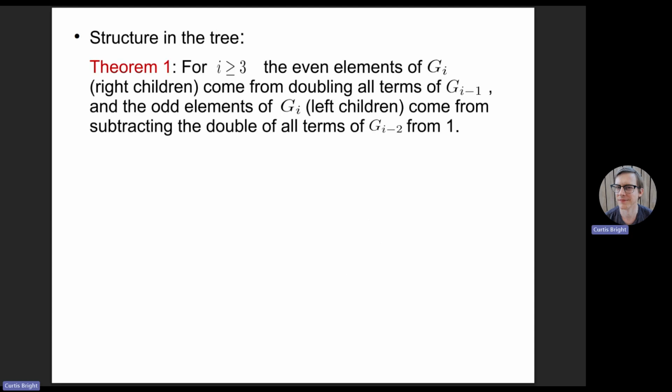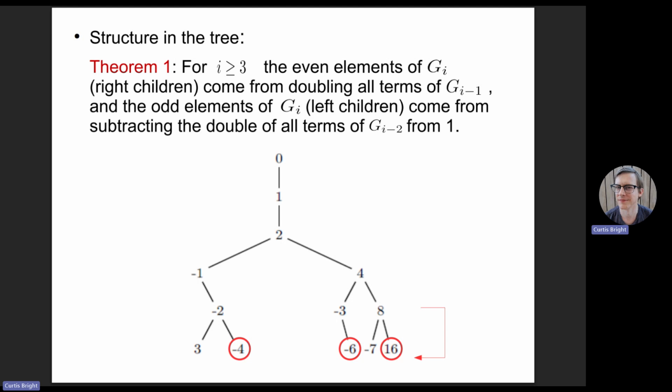I'll come back to this in a second, but some of the structure in the tree that we can see is that any even elements, if we look at this bottom row, clearly come from doubling everything in the previous row. So negative 2, negative 3, negative 8, we double those all to get the circled elements.